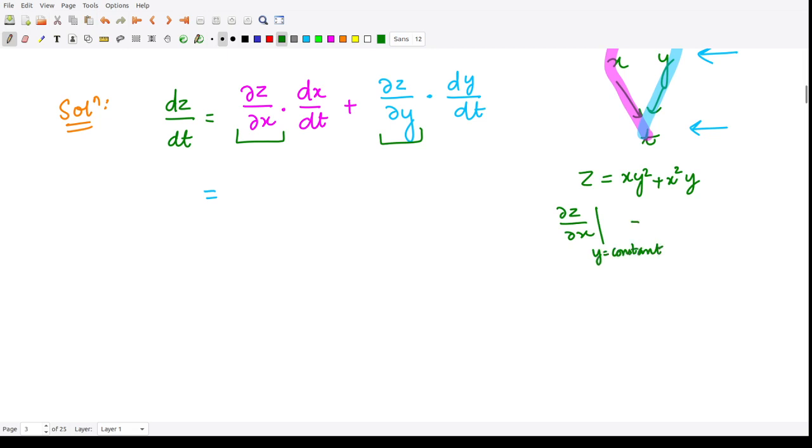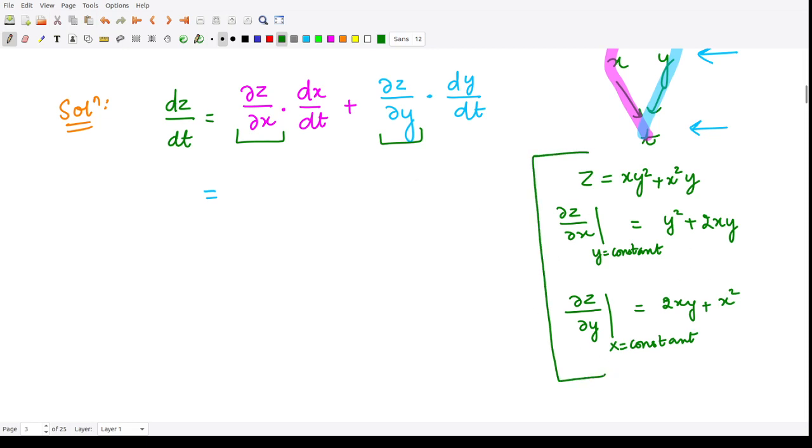So that means it would be y square plus 2xy. And then you will take the derivative partially with respect to y, keeping x as constant. So that means here you would have 2xy plus x square. So these two derivatives are available to you.